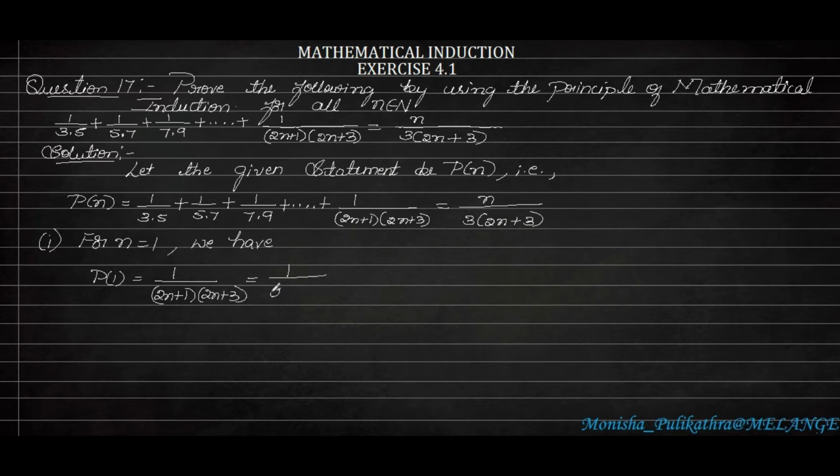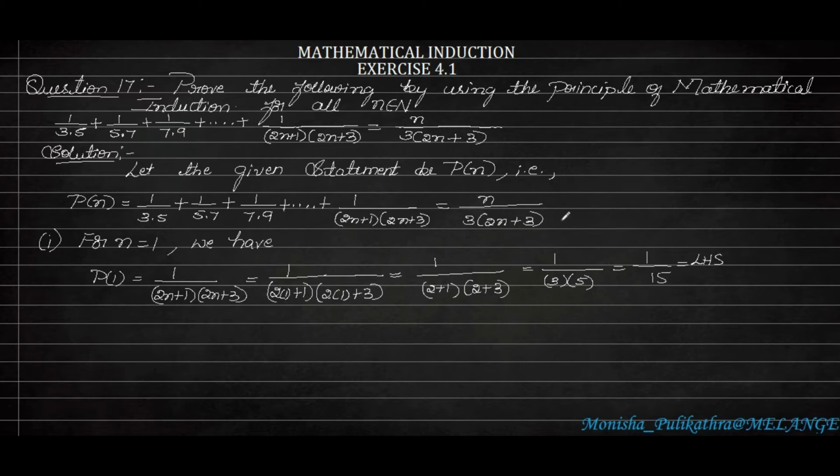So 1 by (2 into 1 plus 1) into (2 into 1 plus 3), which is 1 by (2 plus 1) into (2 plus 3). 2 plus 1 is 3, 2 plus 3 is 5. 3 fives are 15. So this is the LHS part, LHS is 1 by 15.